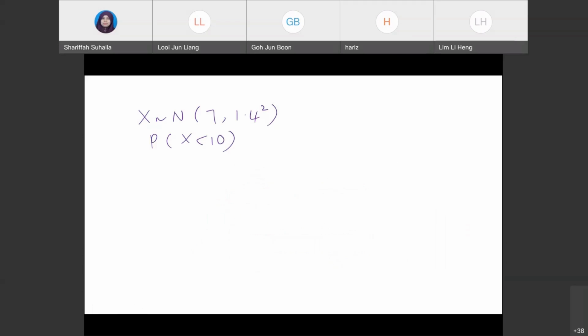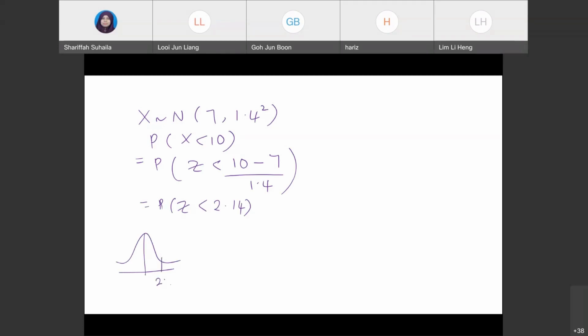So we try to standardize. Z equals 10 minus your mean, divided by 1.4. Then you get probability Z, 3 divided by 1.4, so 2.14. If you're not sure whether you have to subtract the value or not, Z less than 2.14 is this shaded area.